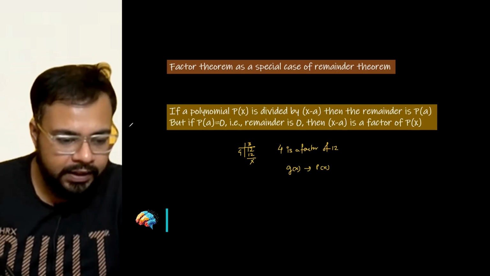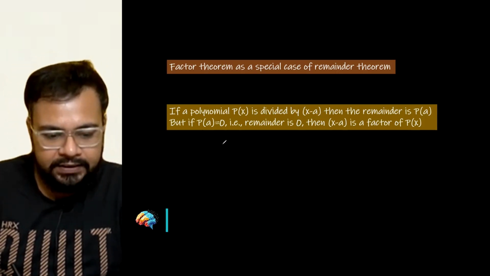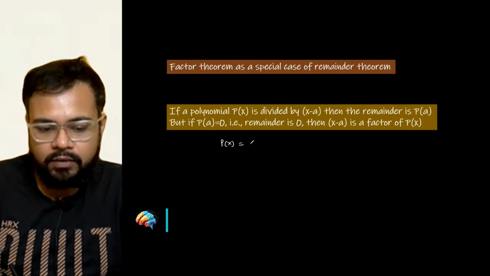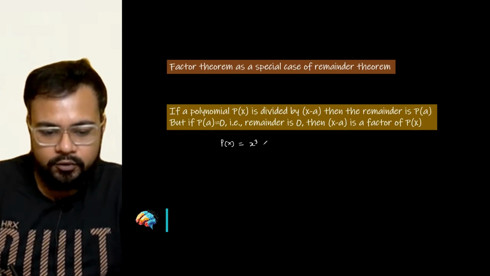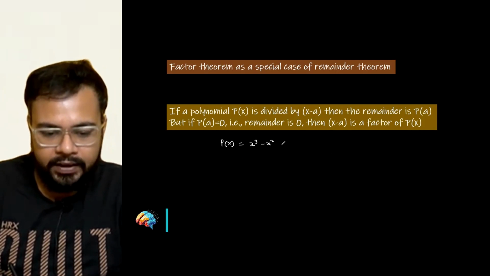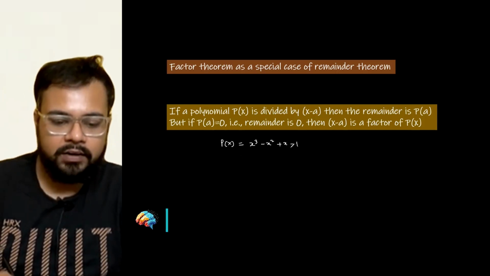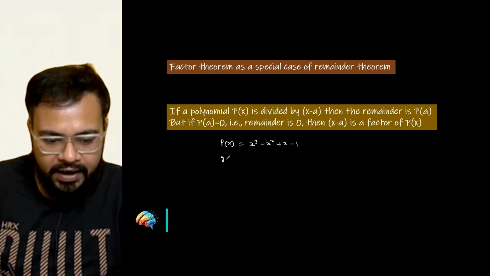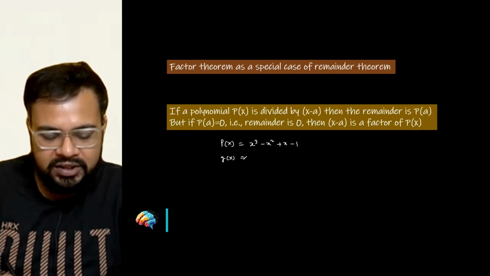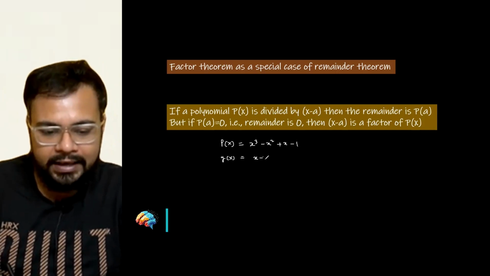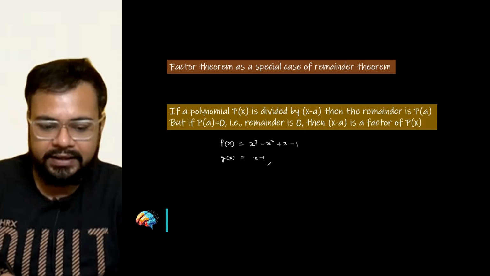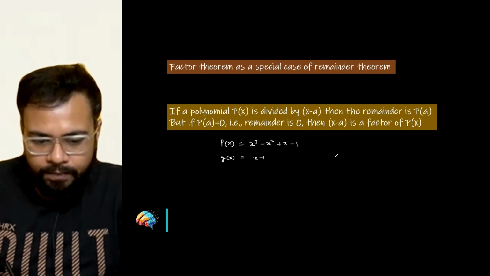Let me show you with an example. Let's say that P(x) is equal to x cube minus x square plus x minus 1. And I want to divide it with a linear polynomial g(x) called x minus 1.